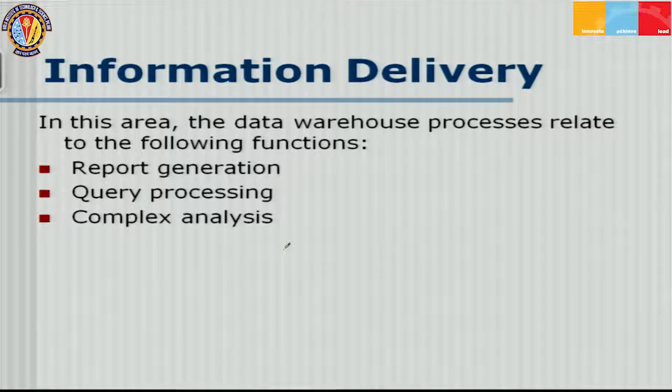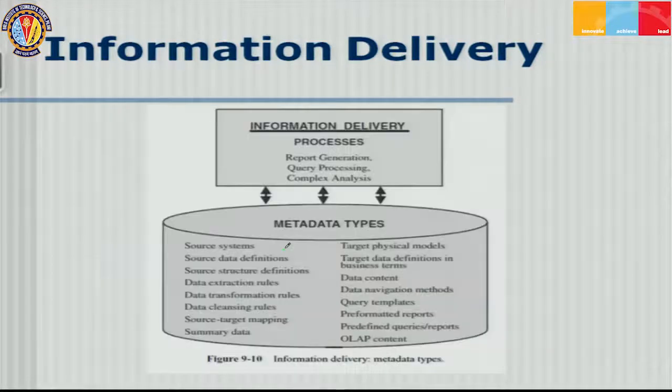Now comes the information delivery. So in this area, the data warehouse processes relate to the following functions: report generation, query processing, and any kind of complex analysis that I want to do in the data warehouse. And this is basically the information delivery process.